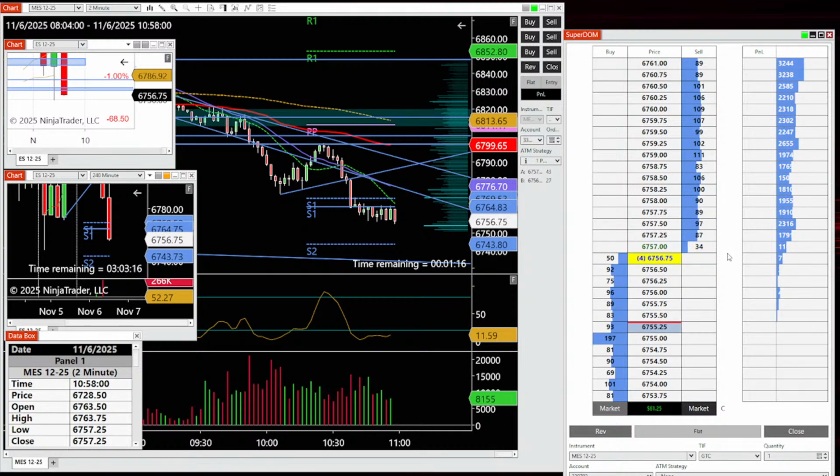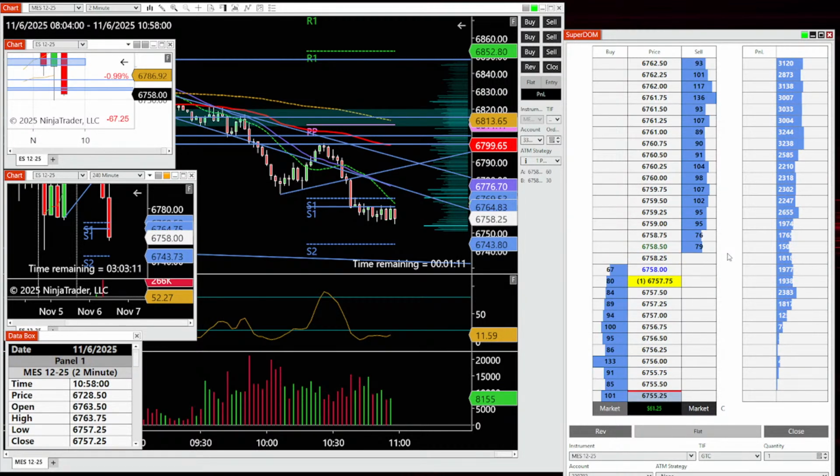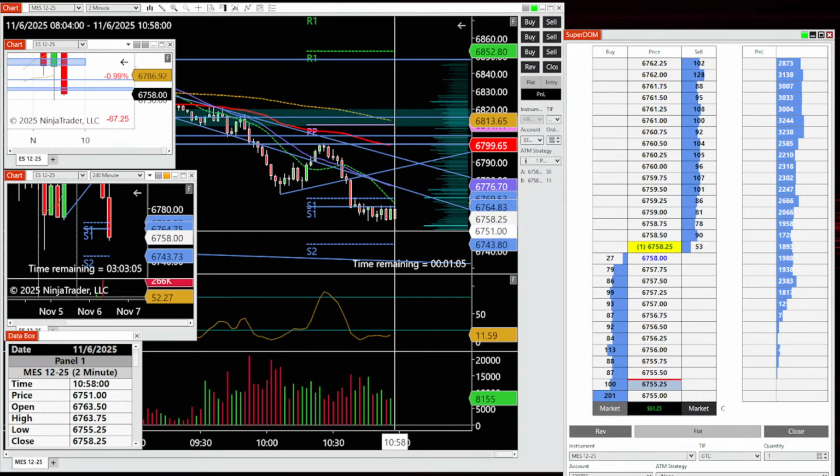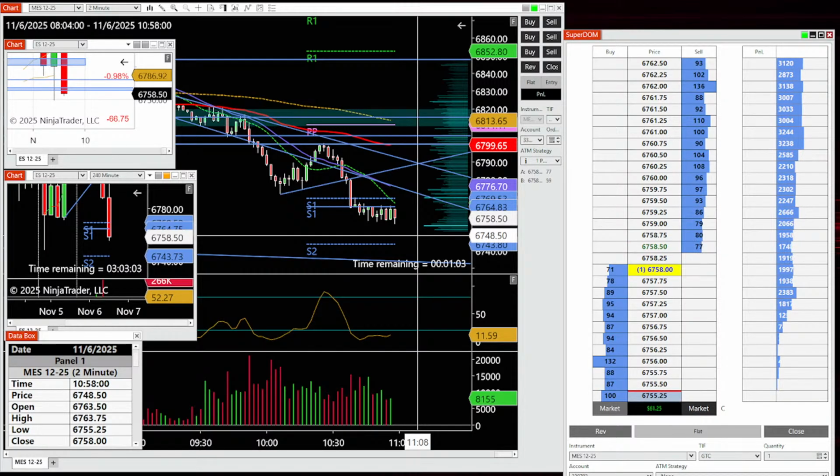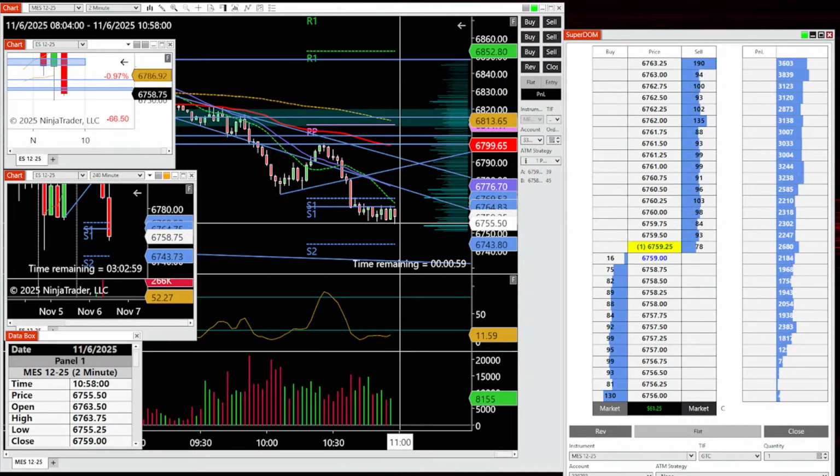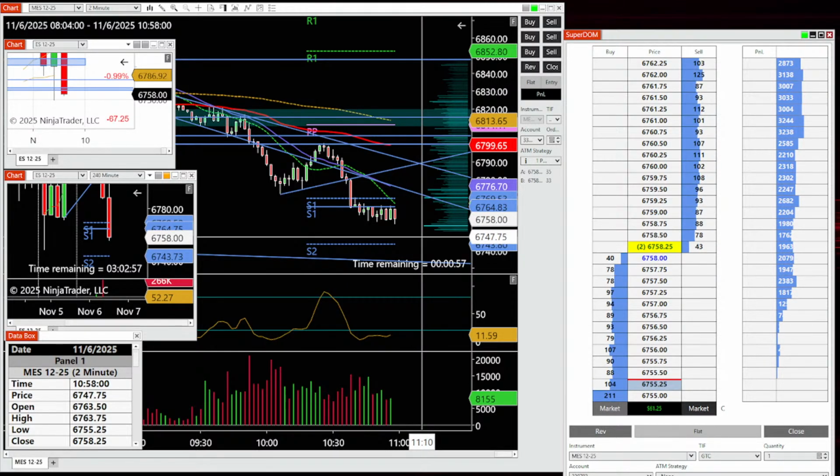Lower low and a bounce. Lower low and a bounce. That's how it's gonna do it. Lower low and a bounce. Another 15-minute bar opens up in about 2 minutes and 45 seconds.